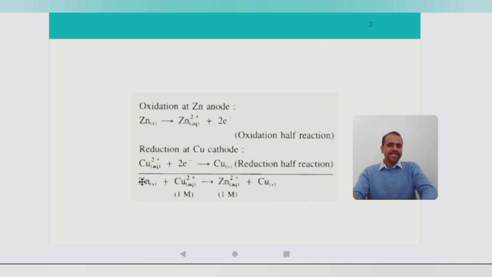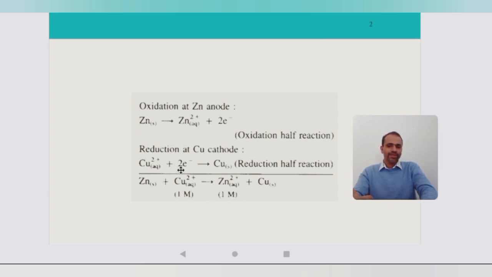In the net cell reaction, if you add the reactions at the anode and cathode together, we get solid zinc plus copper dipositive from the solution giving zinc dipositive in the aqueous electrolyte solution plus metallic copper.